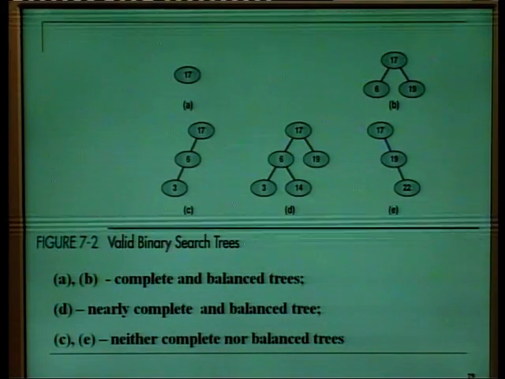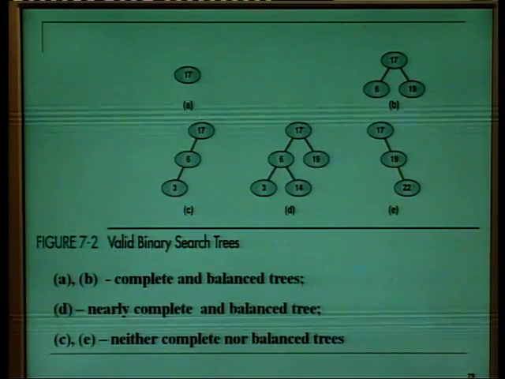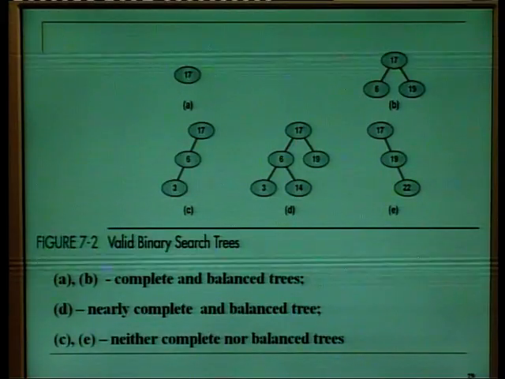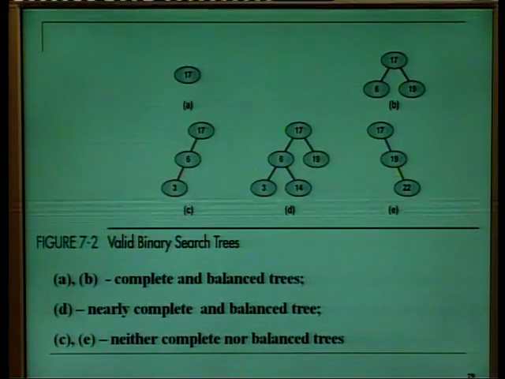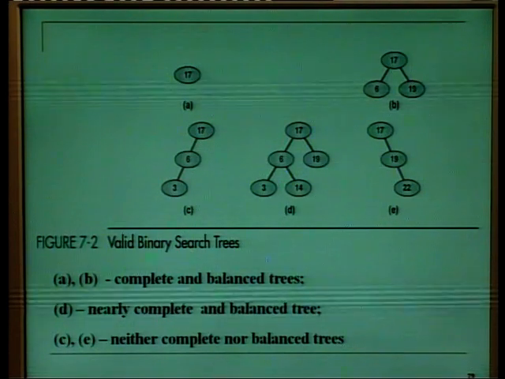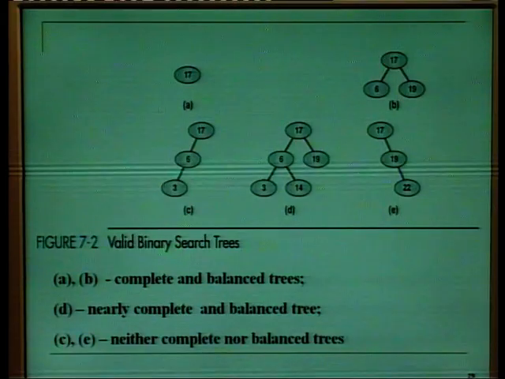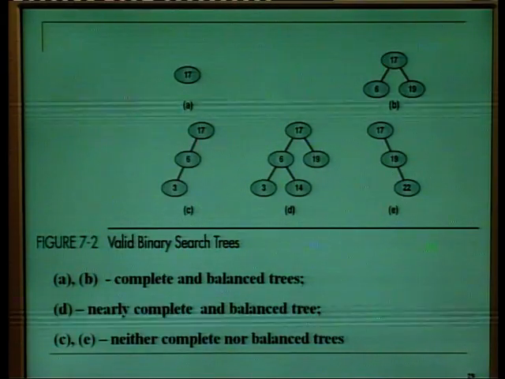D is a tree having root node 17, and the right subtree has value 19, and the left subtree has 6 as root node, and it is again a subtree having value 3 as left node and 14 as right node.